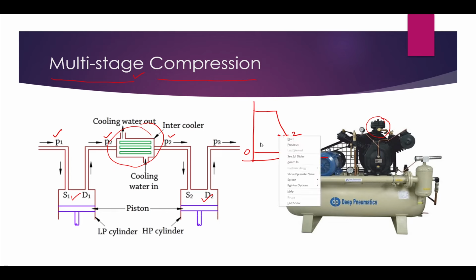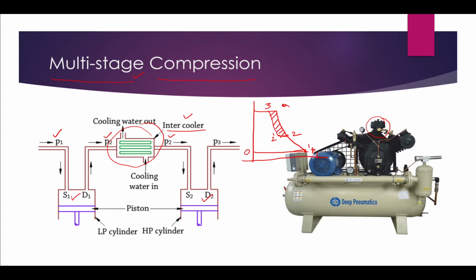But what happens, due to decrease in temperature, the volume will decrease from here to here. So now we will do the compression in second stage. Instead of say 1 to A, we are doing it 1 to 2, 2 dash, then 3. So this much of work will be saved due to multi-stage compression using 2 cylinders, and there will be intercooler.